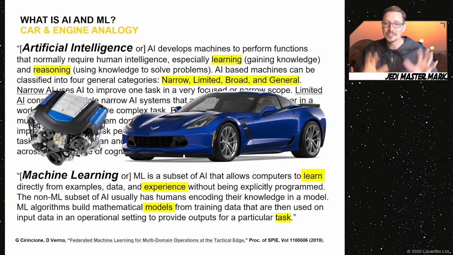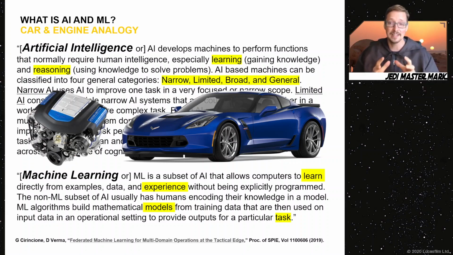In general, here's an analogy. AI is more the flashy sports car, and will contain all the complex systems built around the machine learning algorithm, which I show here as the engine. Machine learning algorithms are really what's powering this and what differentiates how good your AI is.